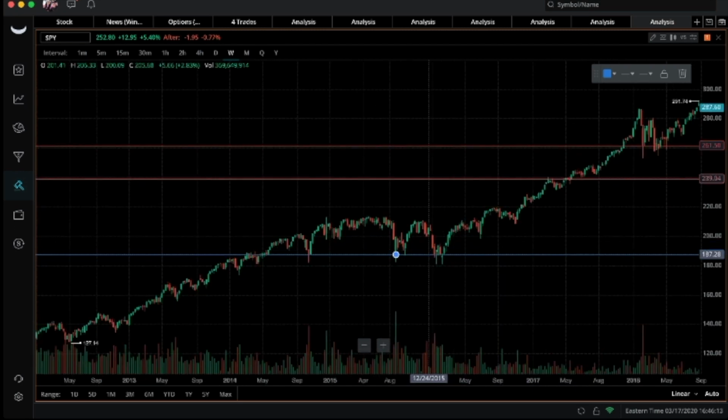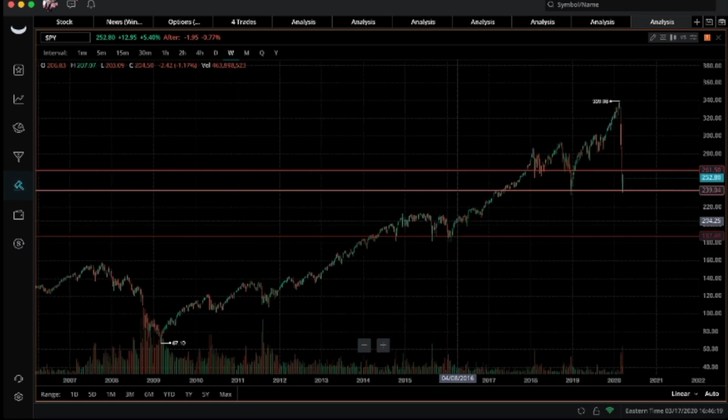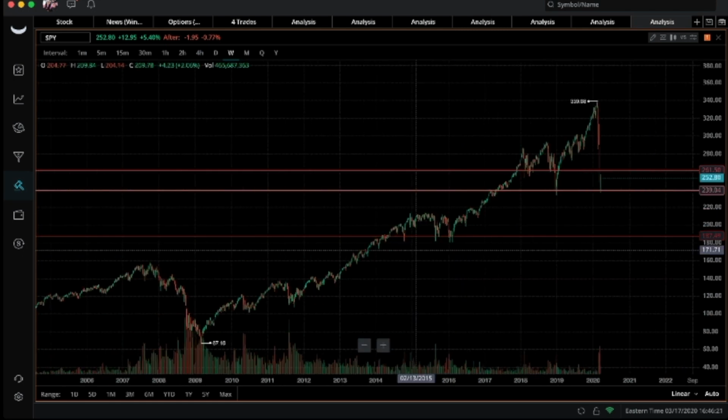So we're going to make this a different color red just so we can distinguish how significant it is. Here are a couple areas of moderately high volume, but at this point we're getting so low that these are all the supports you really need for the time being to figure out what your next move is going to be.